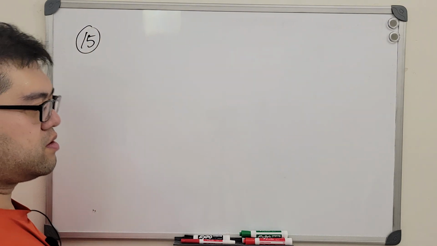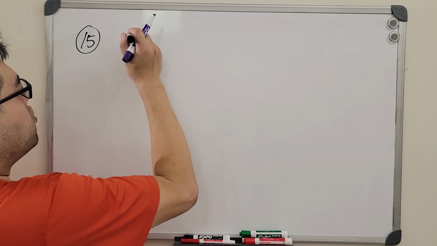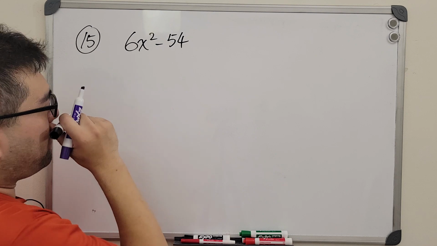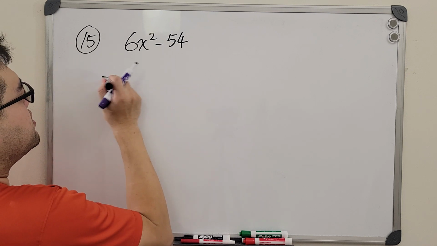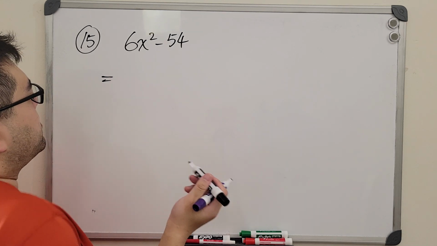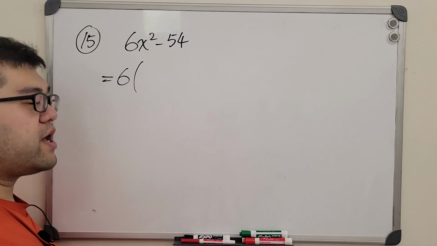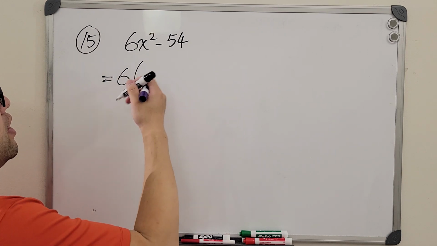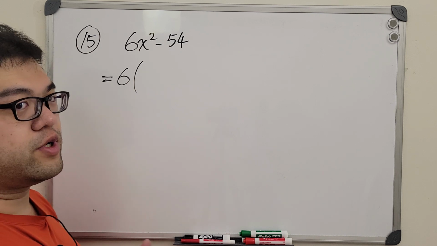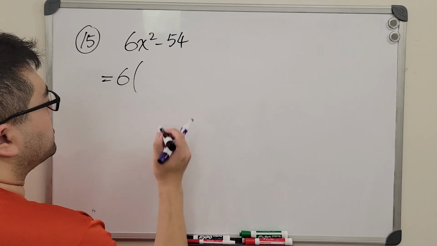Problem 15. We have 6x squared minus 54. So again, 6 is not a perfect square. So we need to factor out the 6 if possible, so that we will turn the first term into simply x squared, which is a perfect square, and hopefully turn the second term into a perfect square as well.